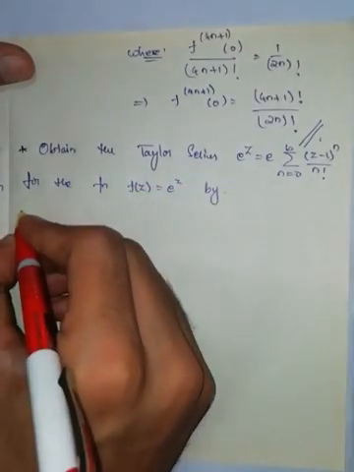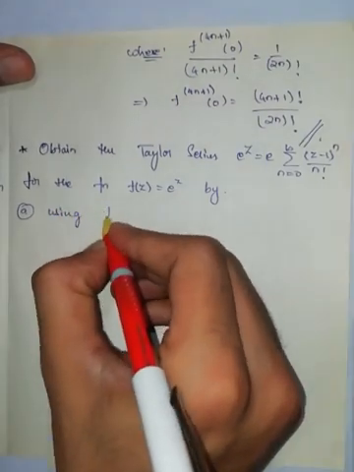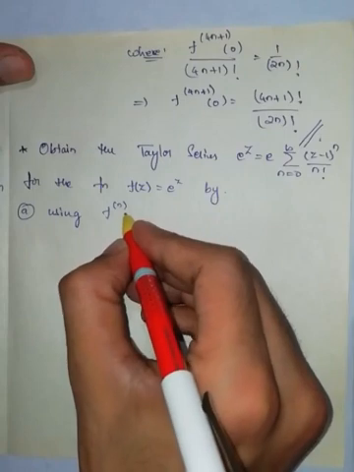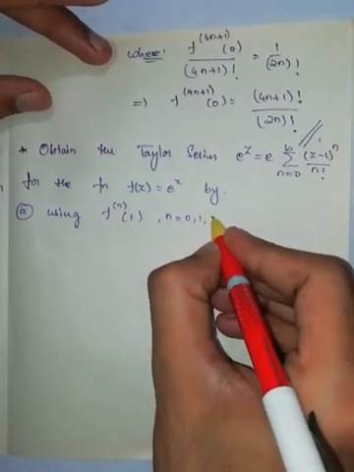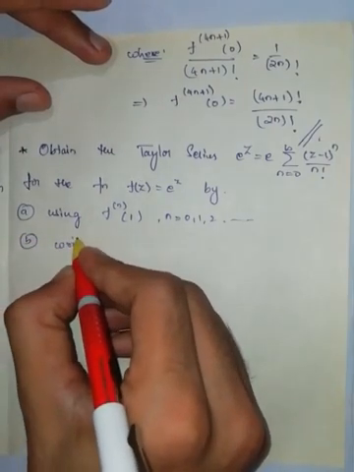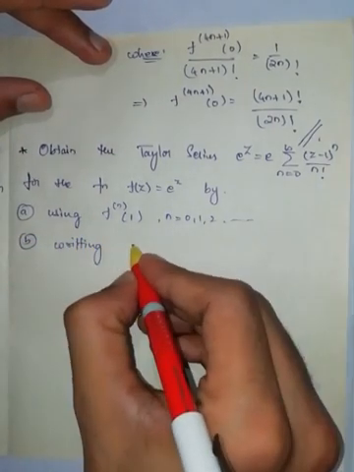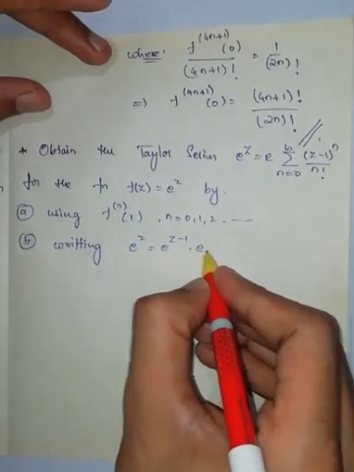A: first one, using the nth derivative of f at 1 where n is equal to 0, 1, 2, 3, 4. B: second one, writing e to the power of z as e to the power of z minus 1 into e.